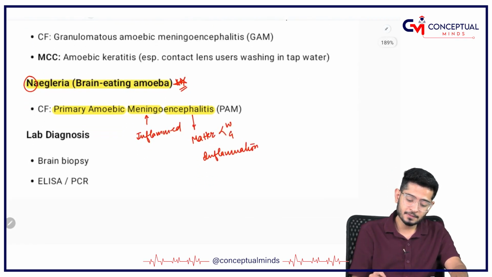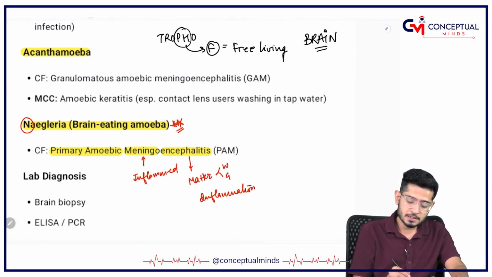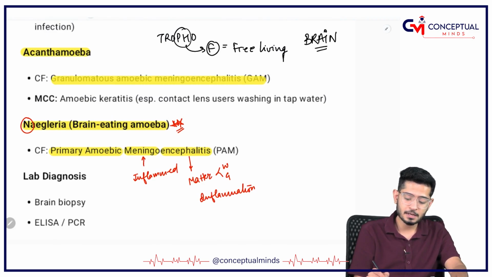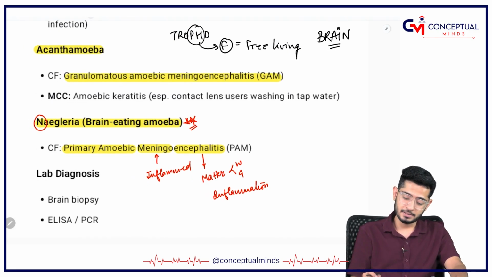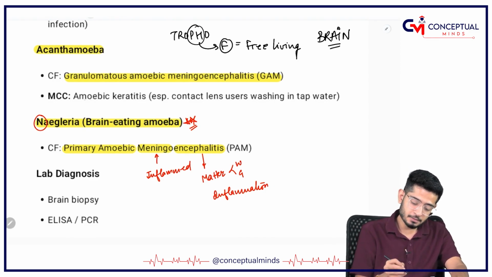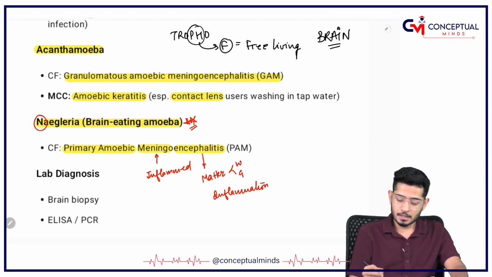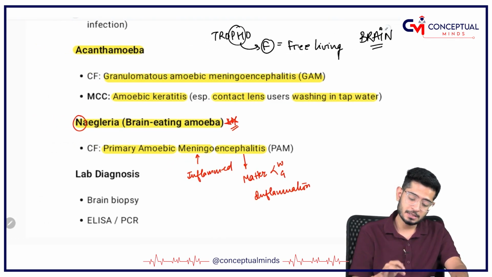Whereas Acanthamoeba is responsible for causing granulomatous amoebic meningoencephalitis. Granulomatous is by Acanthamoeba. But remember, Acanthamoeba is the most common cause of amoebic keratitis. So if you are using a contact lens and you wash it in tap water, you can get it very easily.